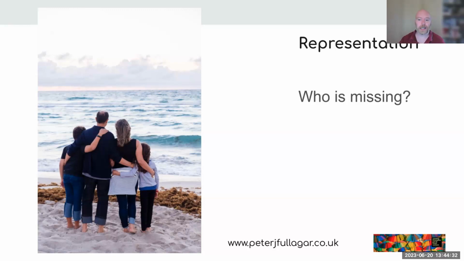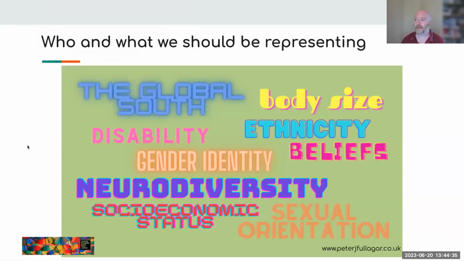So let's see if you thought about the same kind of things that I did. These are the sorts of things that I thought were missing, and things and people and identities that I think that as English language teachers and professionals, we should be representing. So we've got the global South. By this, what I mean is what has been classed as non-Western.